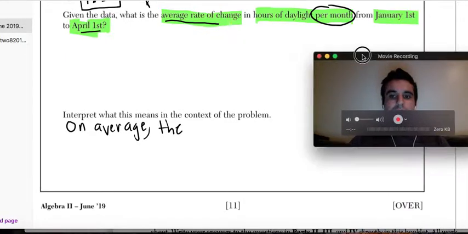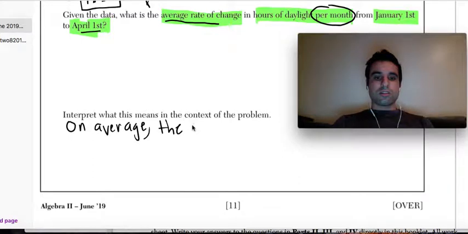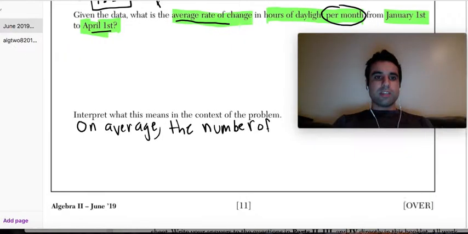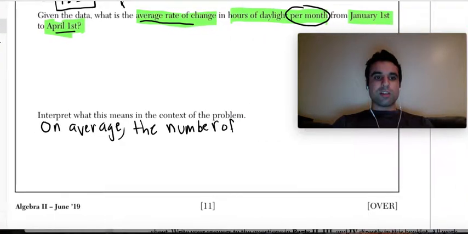Let me neaten that out. And we don't have to say hours twice. It'll become kind of redundant.